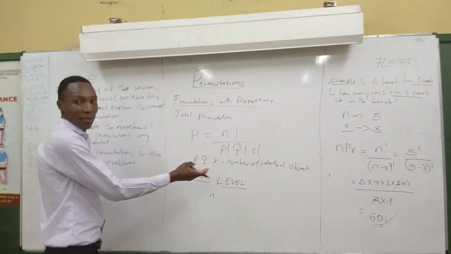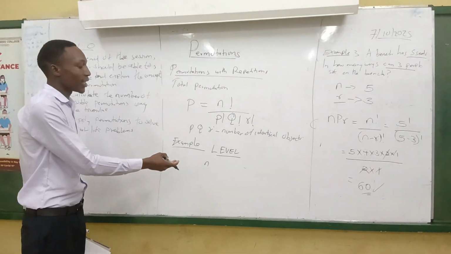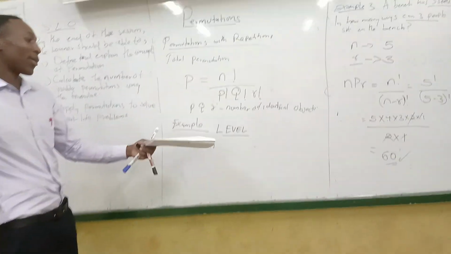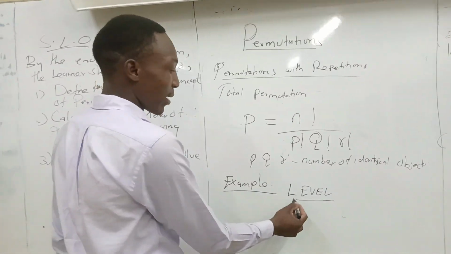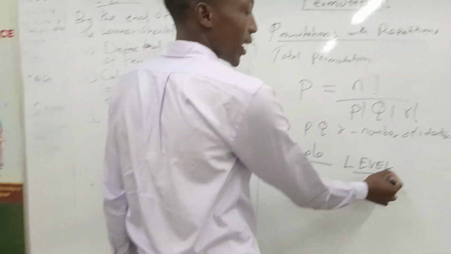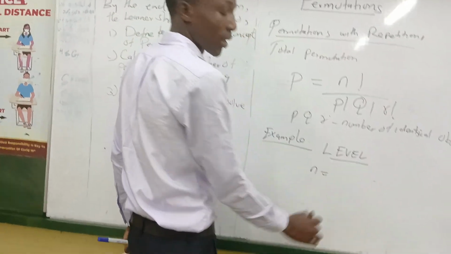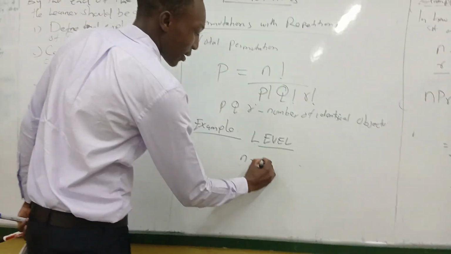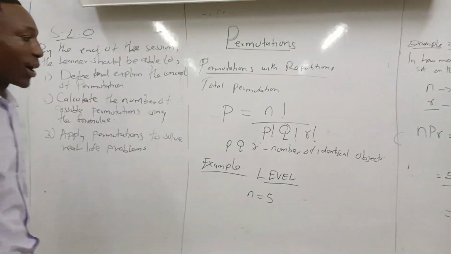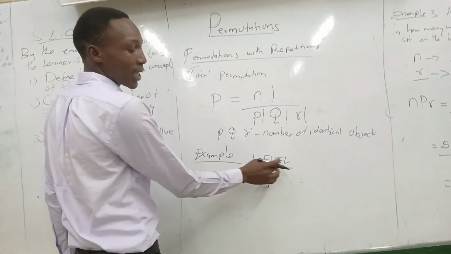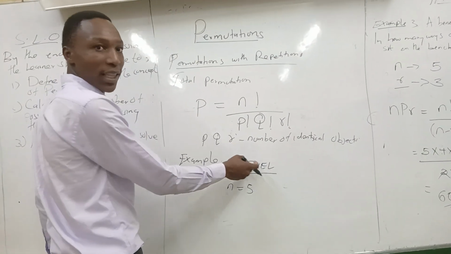N means the number of objects, the letters, in this word. How many letters do we have? You can count: 1, 2, 3, 4, and 5. So we have 5. And then you can see that we have letters which have been repeated.